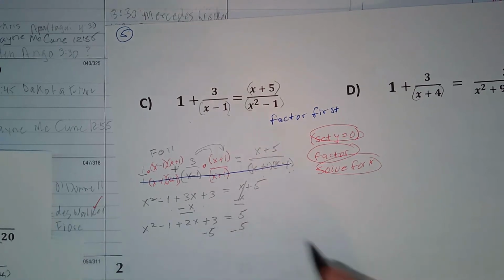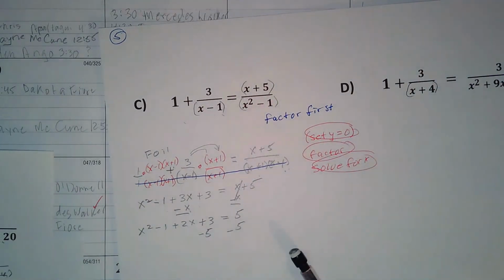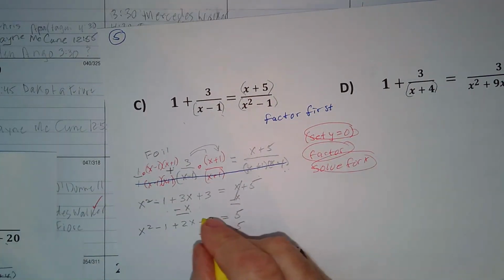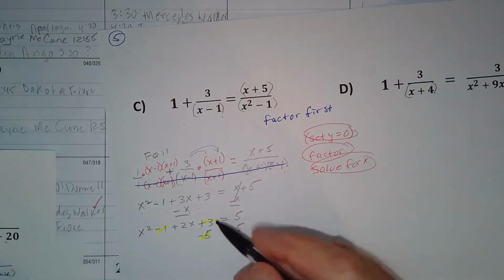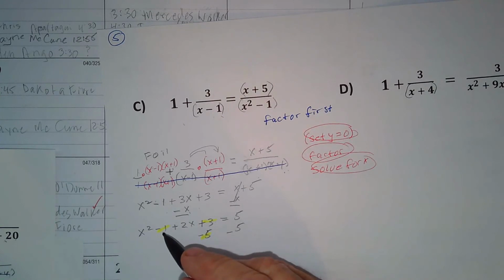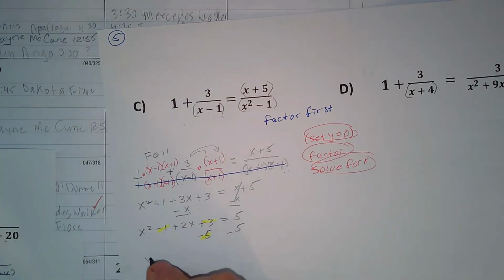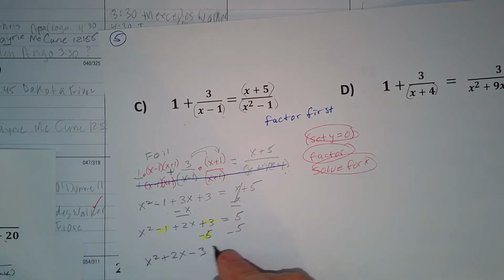Now, when I do this, you notice I got a -1 here, I got a 3 and a -5. So all those are going to get combined. So -5 plus 3 is -2, and then -2 and -1 is -3. So I'm going to rewrite this as x squared plus 2x minus 3 equals 0.